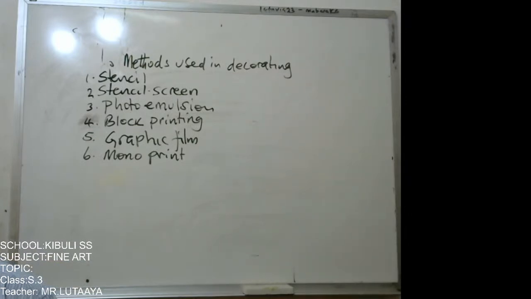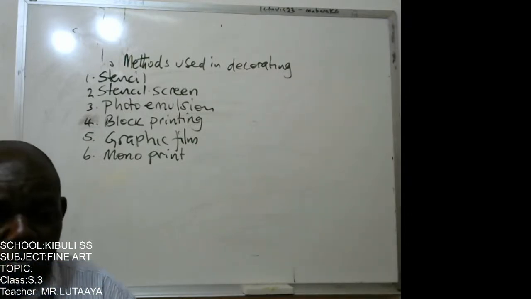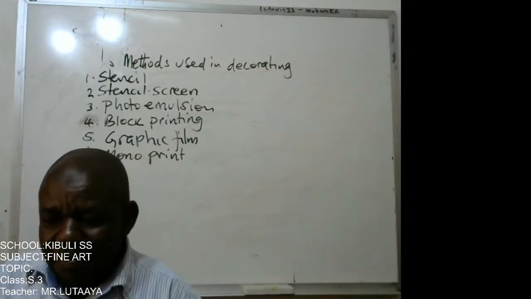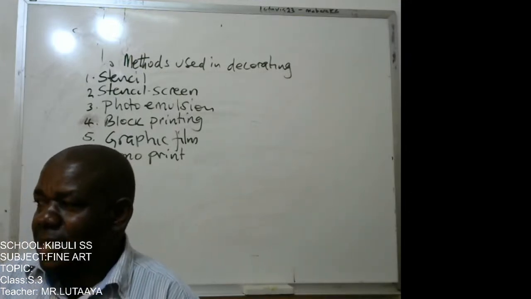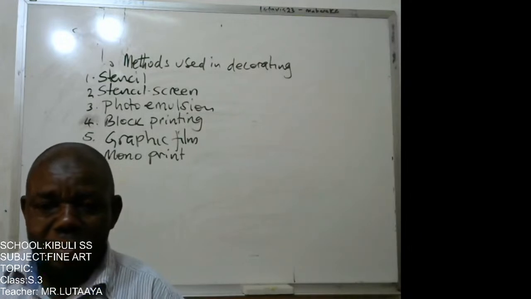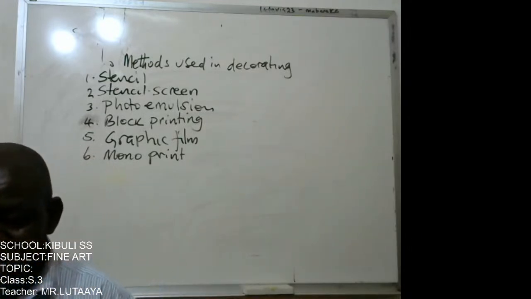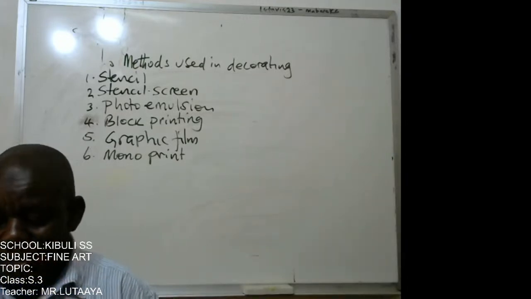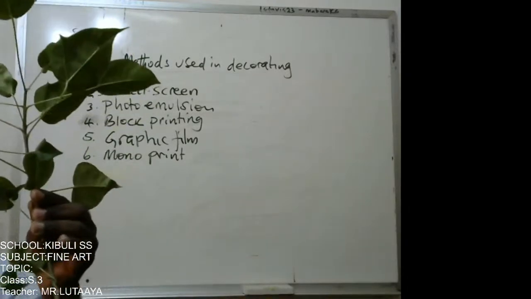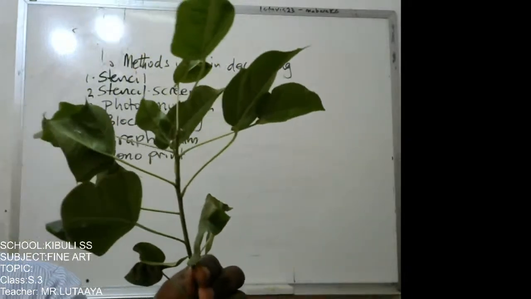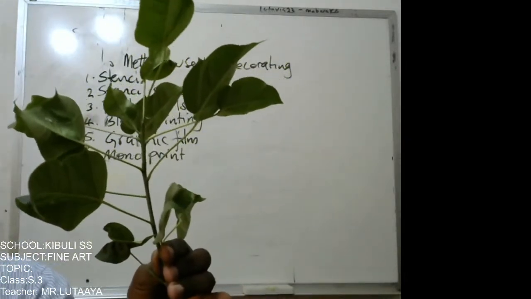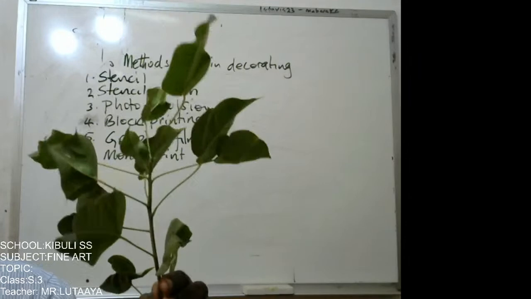It is almost similar to block printing, but this time we are saying get any desired object with a good design. Now I came with this one. This is a leaf. We can use it for monoprinting.